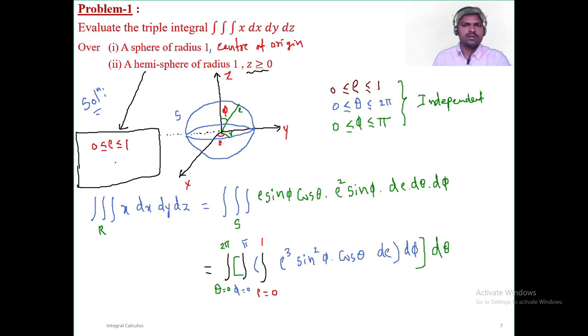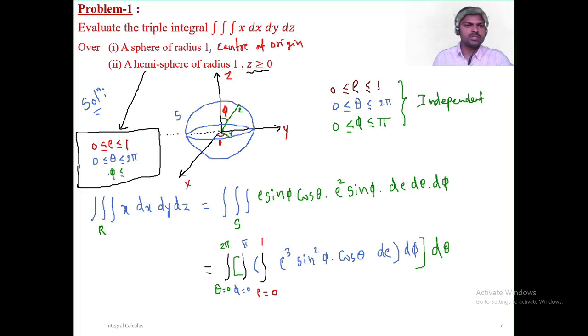Next, theta limits. Theta will be this angle between the r axis and the x axis. Again, a complete circle needs to be generated, so again 0 to 2 pi. This doesn't change for the hemisphere also. But the modification comes for pi.